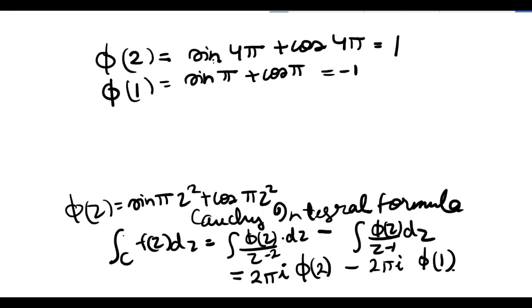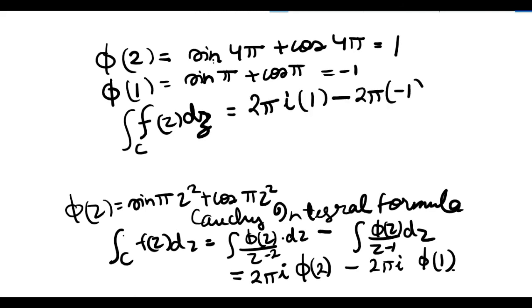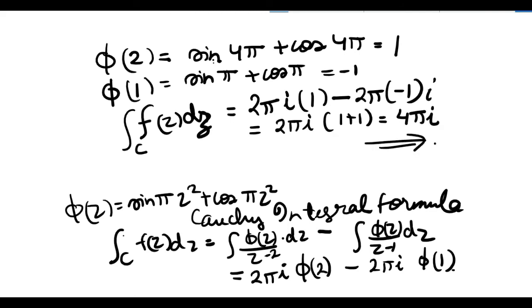So now we are going to put these values, and this is our answer, 4 pi i. This is how you are going to solve all the questions related to this Cauchy integral formula. Thank you.